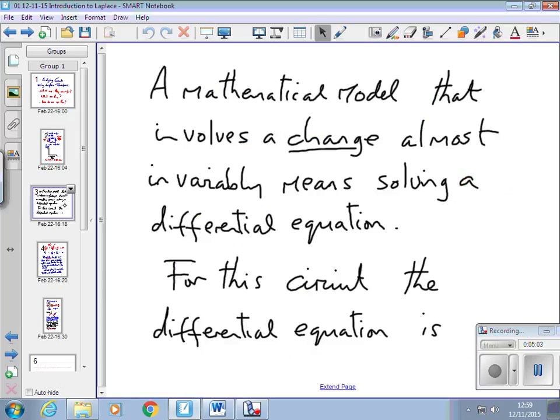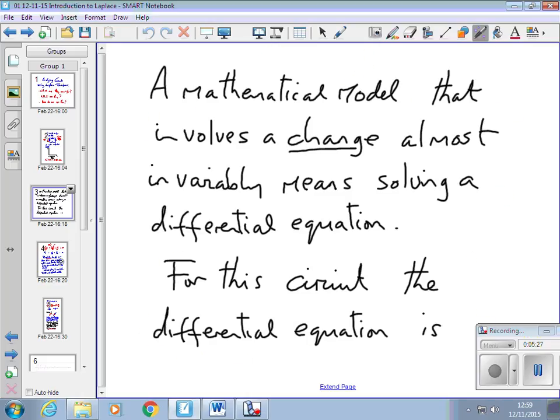So our model involves changes. And that involves solving something called a differential equation. And in our maths, we're going to start looking at other ways of solving differential equations. One way of solving differential equations is to use the Laplace transforms.